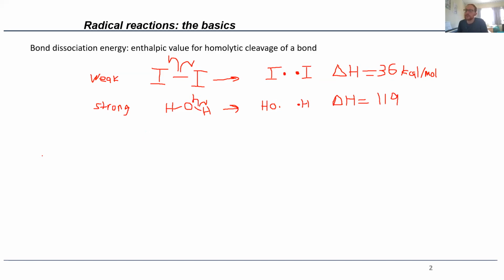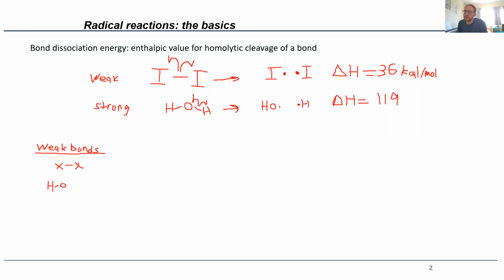And so some examples of weak bonds are as follows. Classic weak bonds are halide-halide bonds, so X-X bonds, very weak. Chlorine, bromine, iodine, and kind of fluorine are all quite weak bonds, and so we'll group them in the weak bond category.